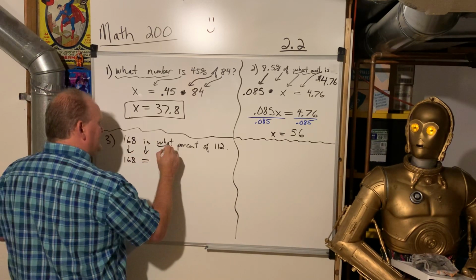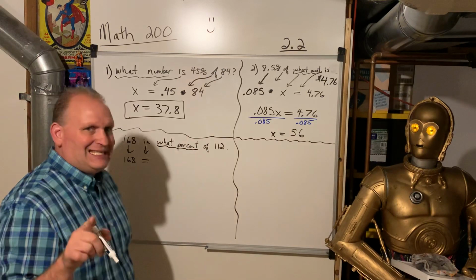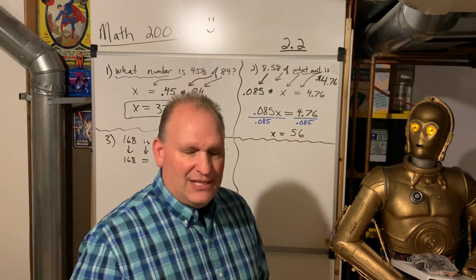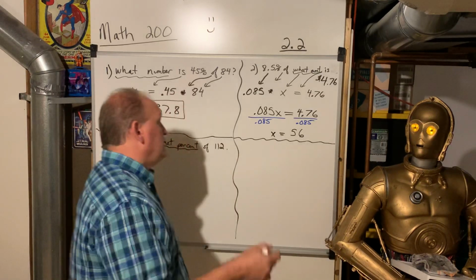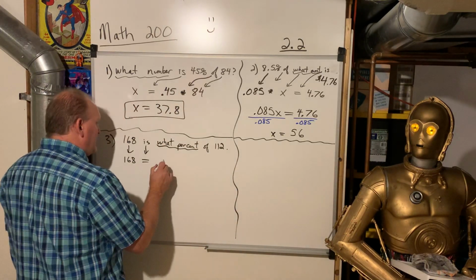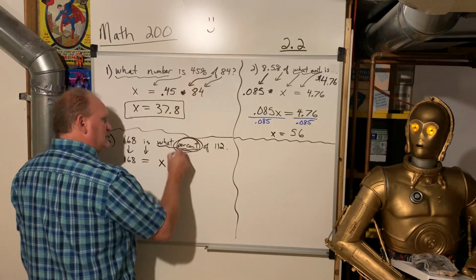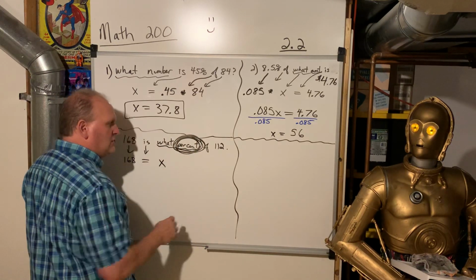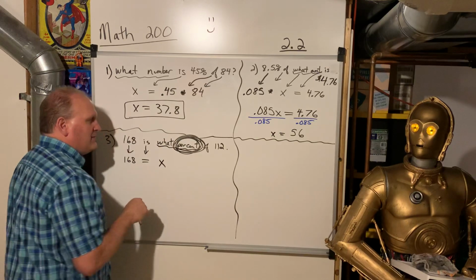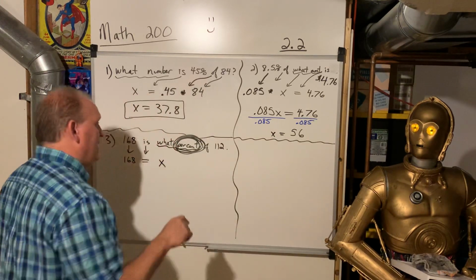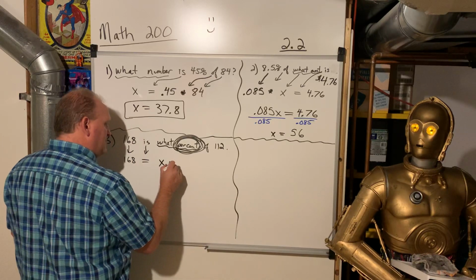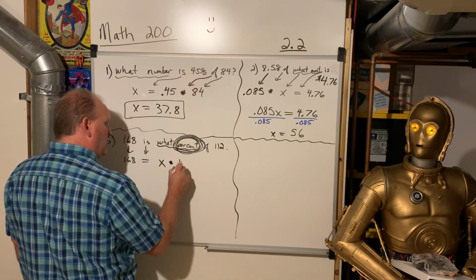What percent means I'm going to find a decimal, but when I get my answer, I'm going to have to multiply it by 100 to convert it to a percent. So when doing this, I'm still going to call it X, but I'm going to crazy circle the word percent. So at the end, I remember to convert it to a percent. Okay? All right. Of still means times, dot, and then 112.